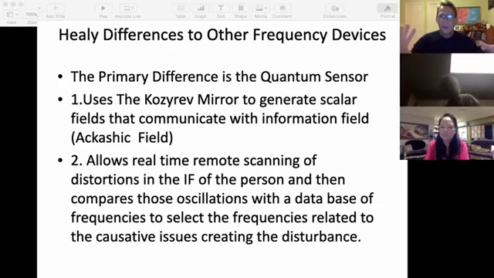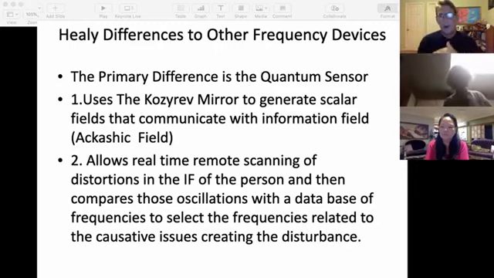So we're trying to identify where those distortions of energy flow are occurring in our emotional field and in our mental field. Our mental field relates to our thoughts and our beliefs. Most of the energetic devices on the market are very useful and effective at accessing information from the physical body.